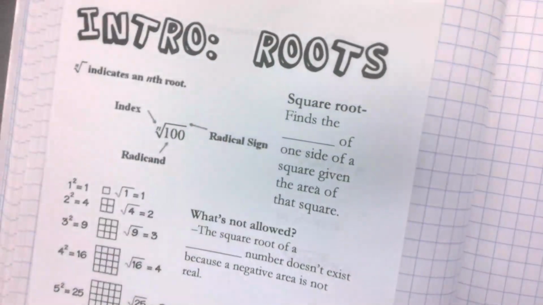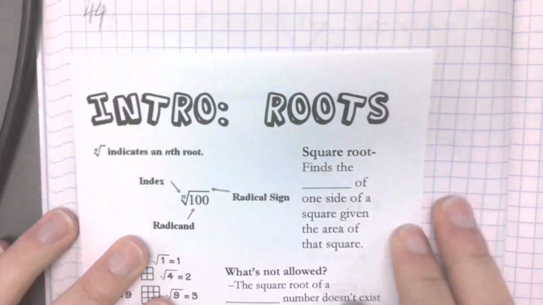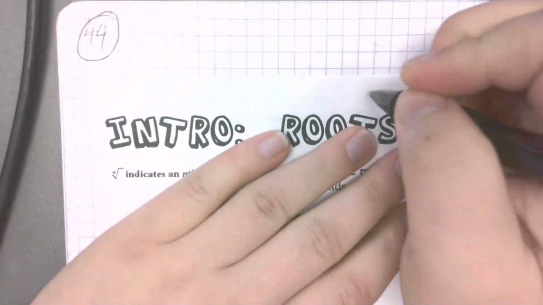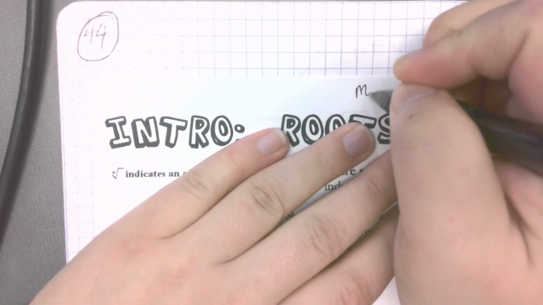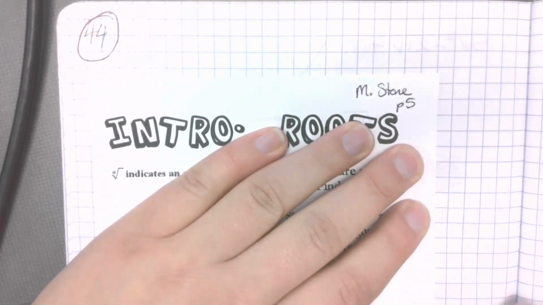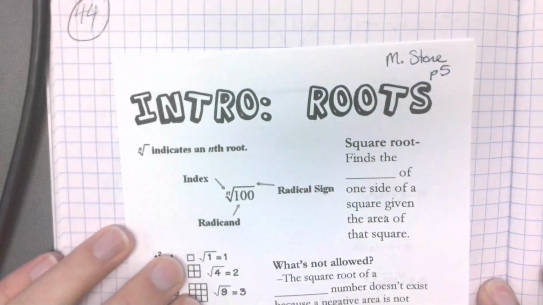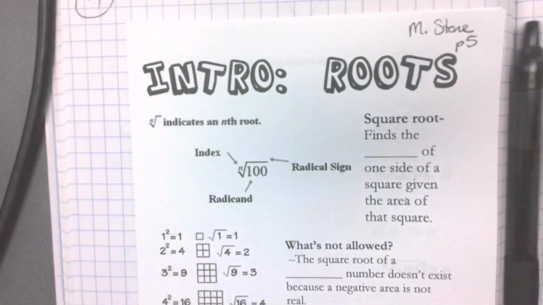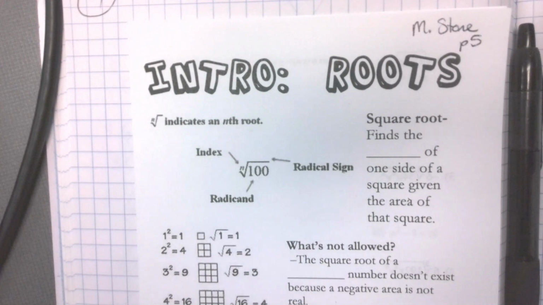All right, it's really important that you glue it into your journal when we're done so it doesn't get lost. Can you put your name on the top? I'm period 5. That way if it gets lost in my journal, we can get it back. Okay, and I'm going to use some colors.